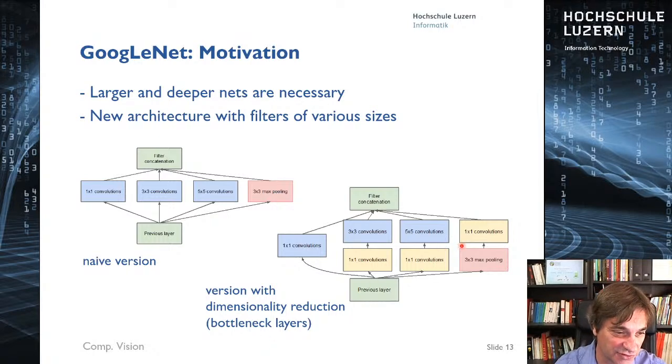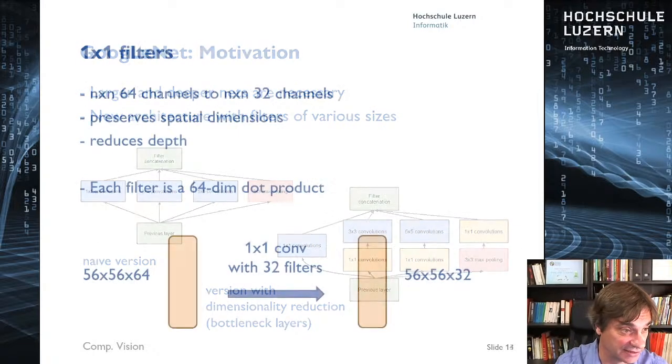For all those convolutions that need a lot of parameters, they did not apply them directly, but first added a 1x1 convolution that goes down to a fewer number of channels. Then you can do your filter, and your filter will have fewer parameters.